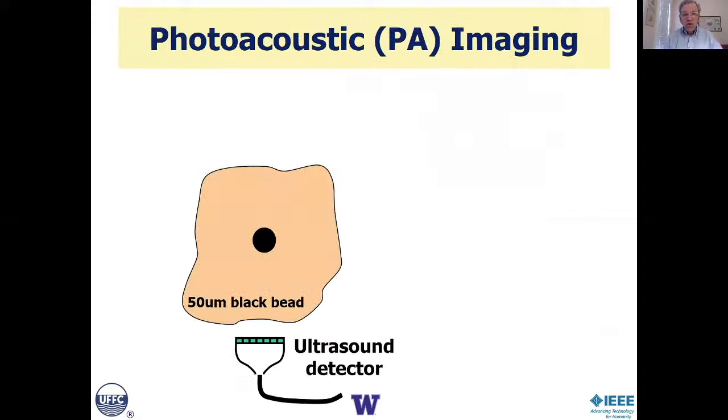So for those of you who don't know the photoacoustic effect, it was discovered by Alexander Graham Bell, yes, the telephone inventor, in the late 19th century for something called the photophone. The way it's used in modern systems is the opposite of the way in which you do traditional optical imaging.